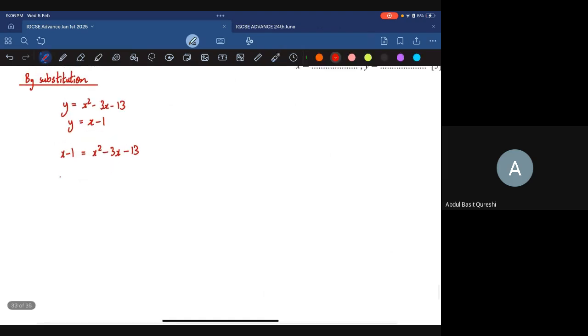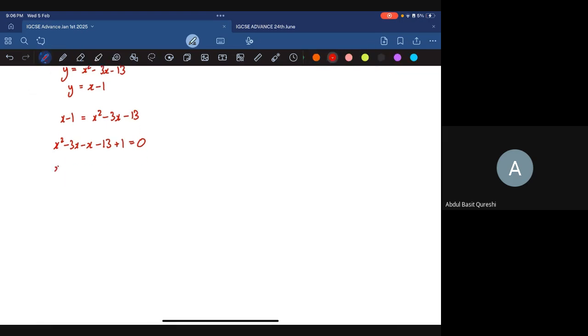So it's going to be taking everything to one side: x squared minus 3x minus x minus 13 plus 1 is equal to 0. Now it's simply going to be x squared minus 4x minus 12 equal to 0.